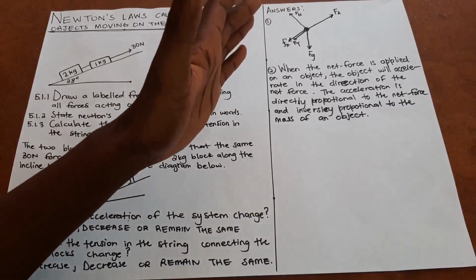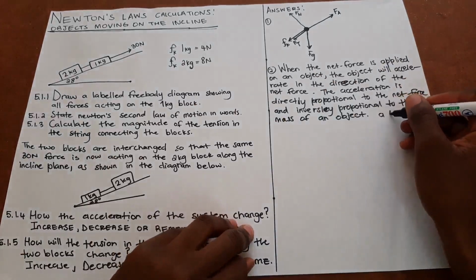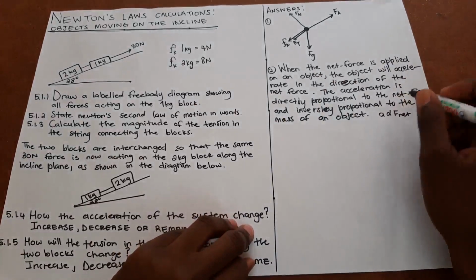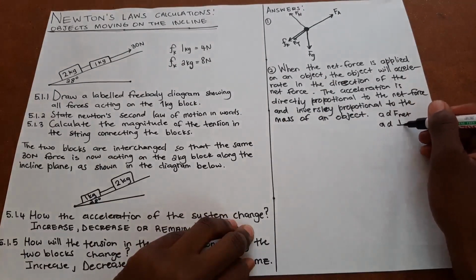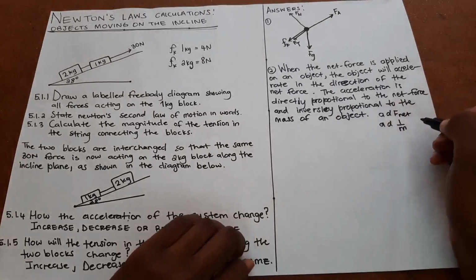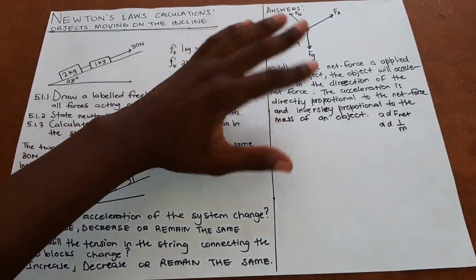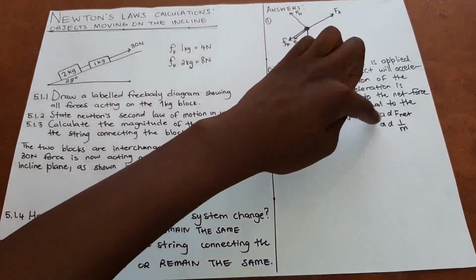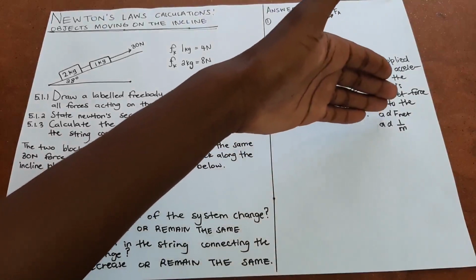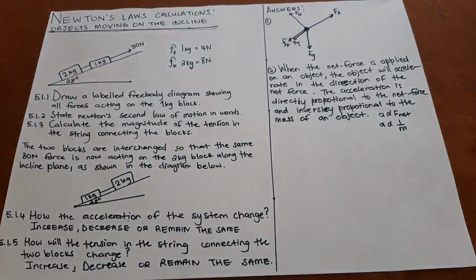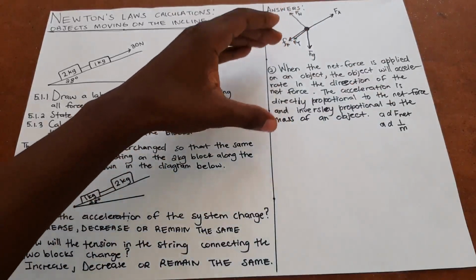The acceleration is directly proportional to the net force and inversely proportional to the mass of an object. When stating Newton's law, you have to write it in full like this, guys. I was just showing the mathematical representation as a shortcut, but don't mind that, just mind the definition.